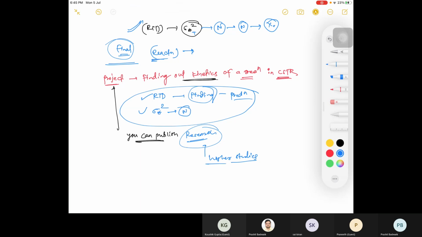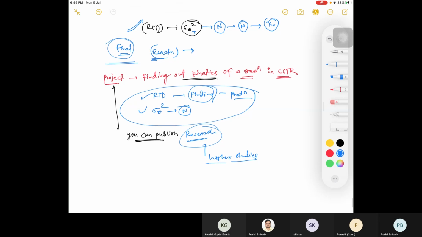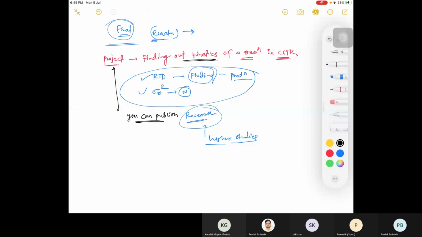Are you getting this? Okay. Using this you can calculate your overall conversion and compare it with your theoretical one.